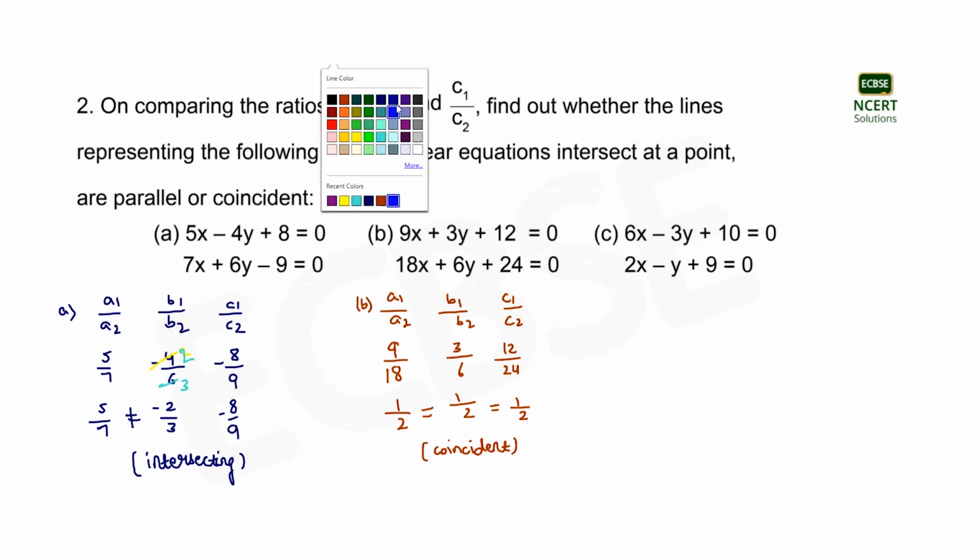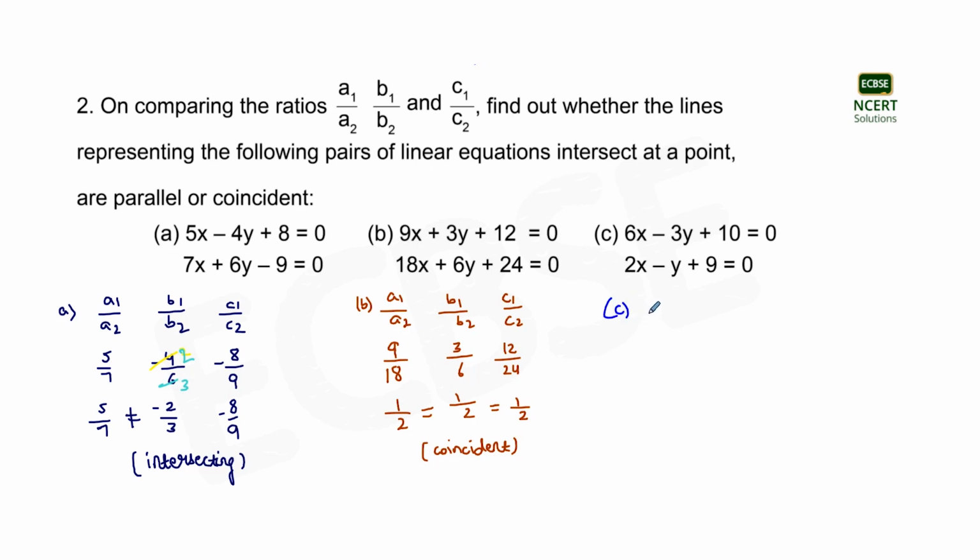Now coming to part C, comparing the pair of linear equations provided with the standard form and finding the ratios a1 by a2, b1 by b2 and c1 by c2. The ratio a1 by a2 comes out to be 6 by 2, b1 by b2 is minus 3 divided by minus 1, and c1 by c2 is 10 by 9.